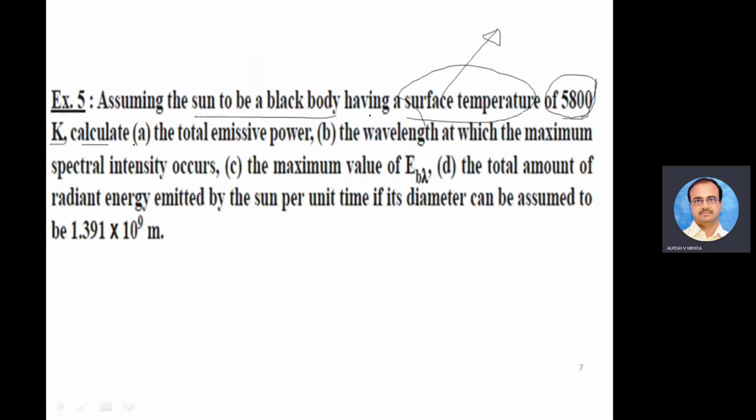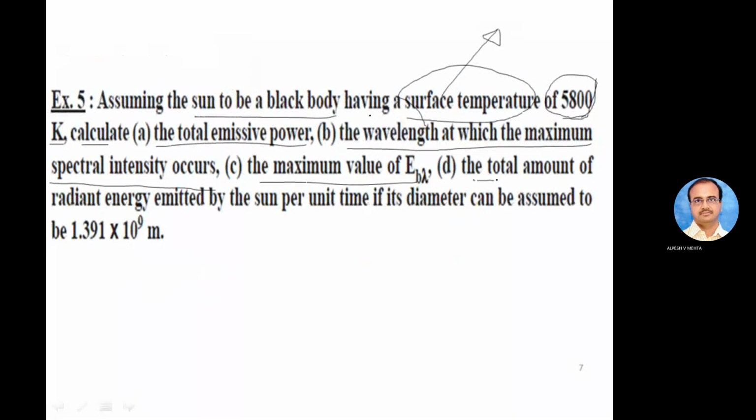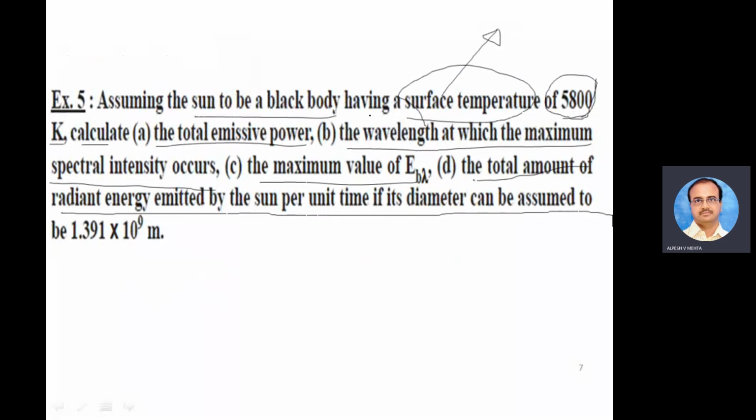We have to calculate the total emissive power, the wavelength at which the maximum spectral emissivity occurs, the maximum value of E lambda b, and the total amount of radiant energy emitted by the sun per unit time, if its diameter is assumed as 1.391 into 10 raised to 9 meter.